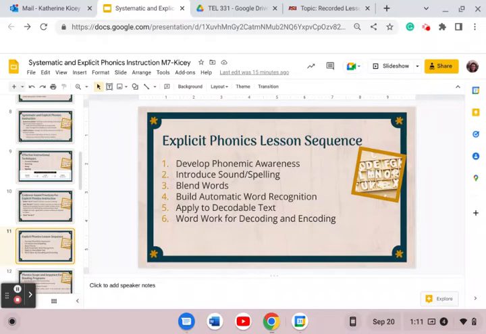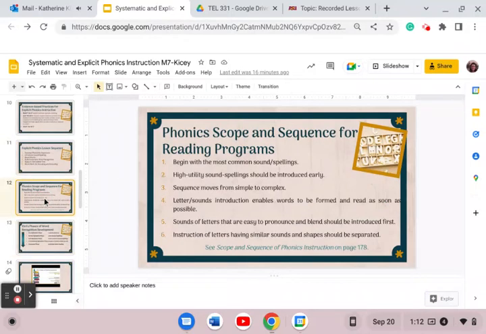So that could be the sight words, and it could also be words that are very common that could be broken down or sounded out, but they just know them. Apply decodable text. So if you can decode, which is breaking it down, sounding it out, and then word work for decoding and encoding. So making sure that there's lots and lots of practice of how to decode a word and having that practice with the child, which we talked a lot about in lesson 5.